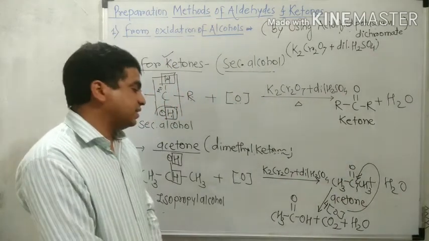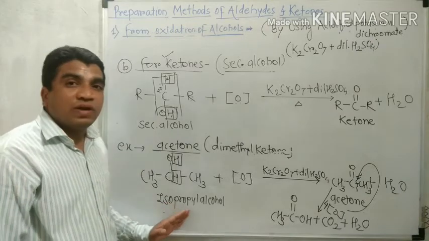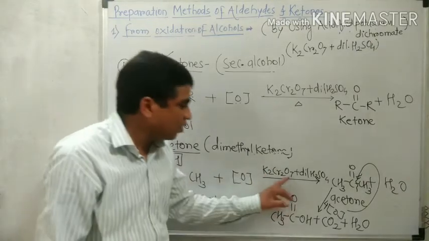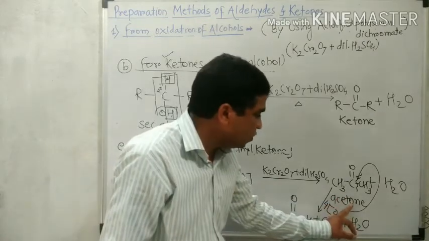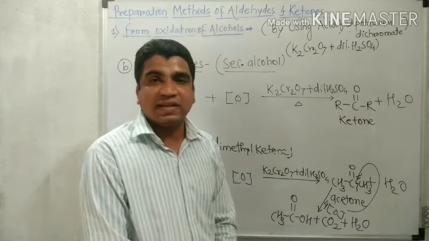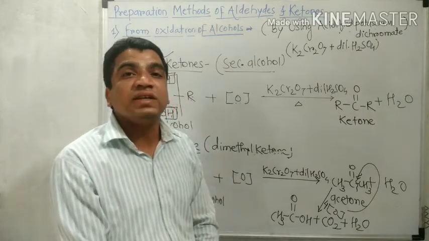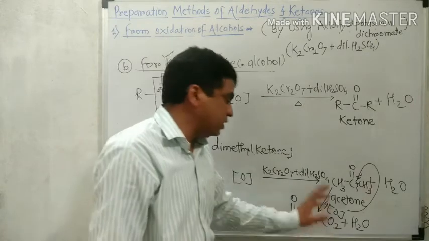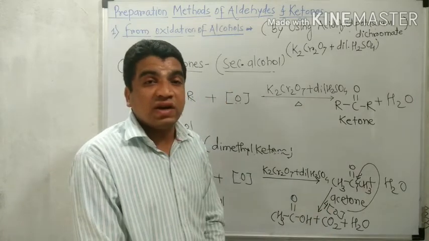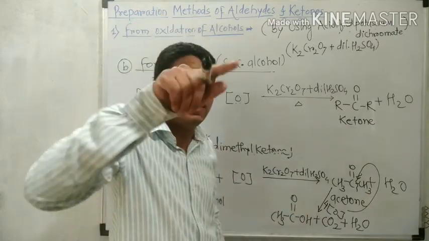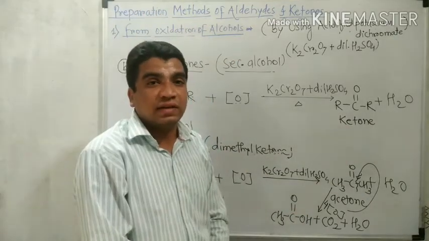So in this reaction, when isopropyl alcohol is oxidized using acidified potassium dichromate, the reaction first gives acetone as the first product, but the reaction cannot stop at this stage. The reaction further undergoes oxidation, but this oxidation is not as easy as the oxidation of aldehyde into carboxylic acid.